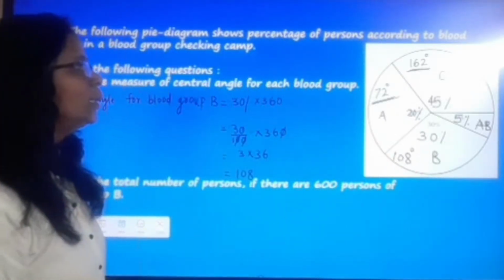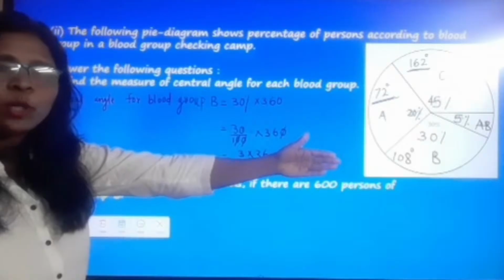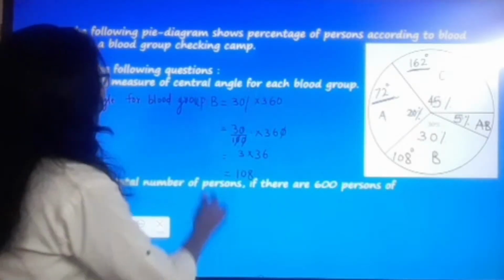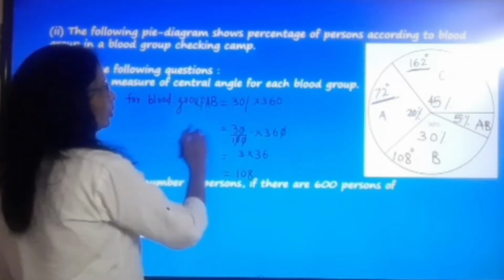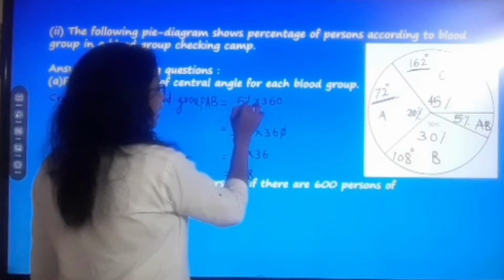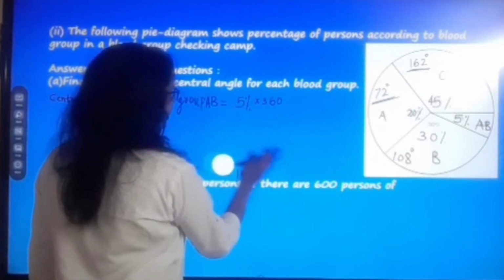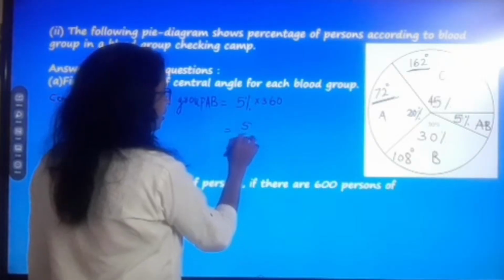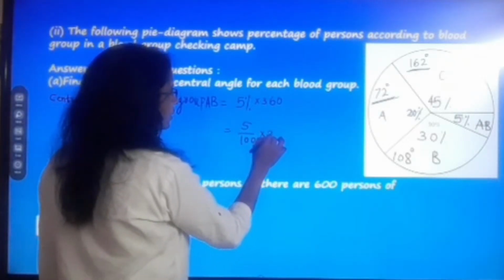Okay, and then the central angle for the blood group AB. So I write down AB. So here that is 5%, only 5%. So 5% multiplied by 360. So here 5 divided by 100 multiplied by 360.